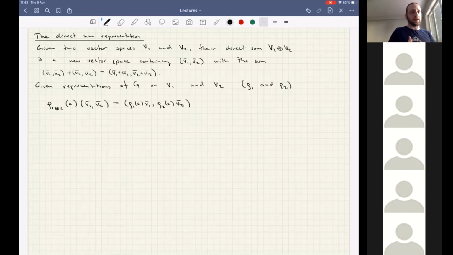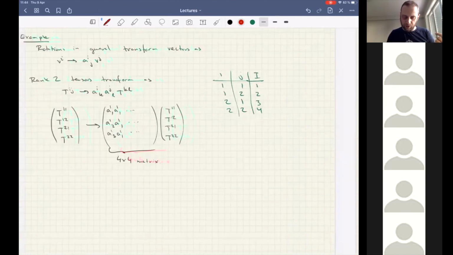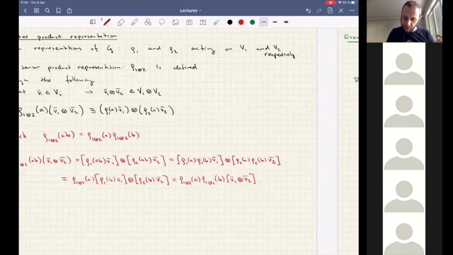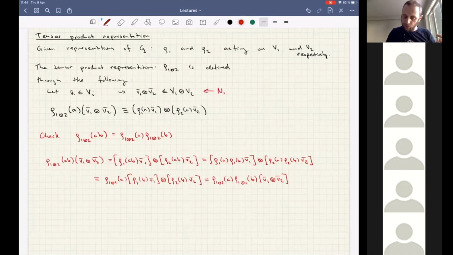Showing that this actually is a representation goes much in the same way as we showed that the tensor product representation was a representation. Note that the difference here is that this space is n1 plus n2 dimensional, whereas in the tensor product case, this space is n1 times n2 dimensional.